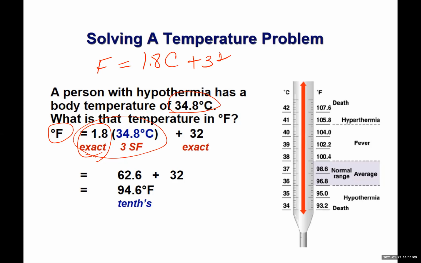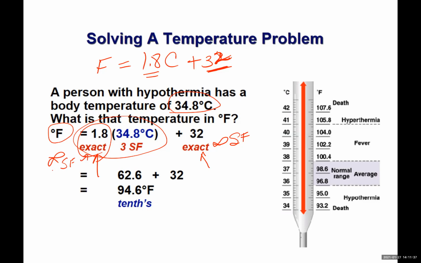So numbers which are coming from a formula, from an equation, are the basis of our measurement, but they are not measured numbers. So 1.8 is exact. 32 is coming from a formula, is exact. What is the meaning of exact? Infinite significant figures.